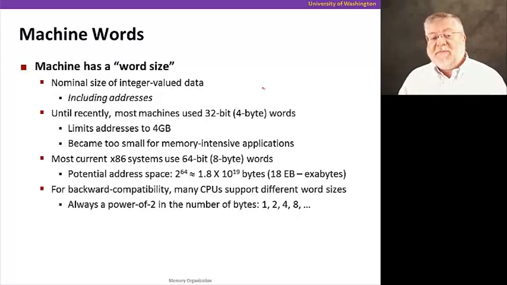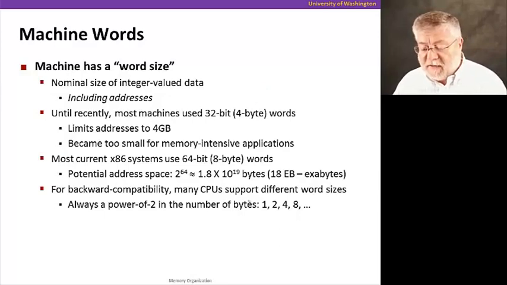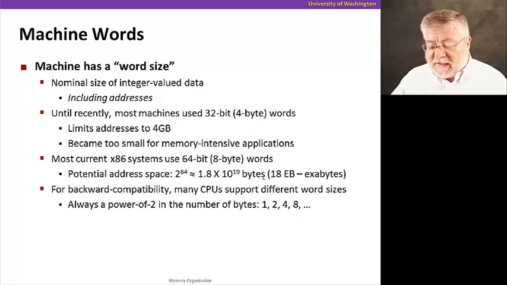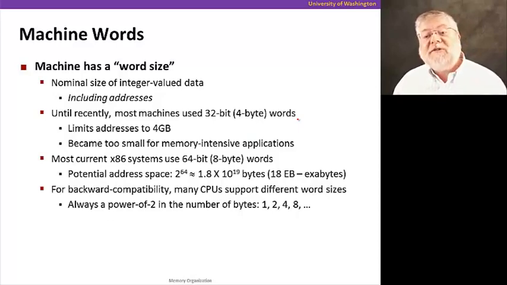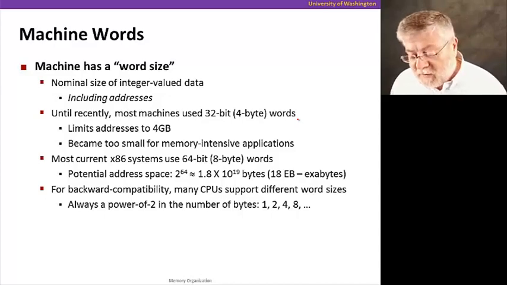So in a 32-bit machine, we'll have integers that can go up to 32 binary digits. And this includes addresses represented in words. As I mentioned before, until recently, most machines use 32 bits or 4-byte words. In the old days, we also had machines with 16-bit words, or even at the very beginning, 8-bit words.